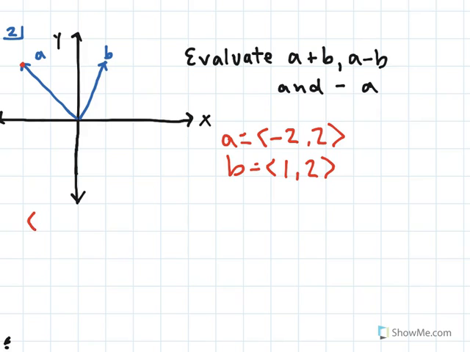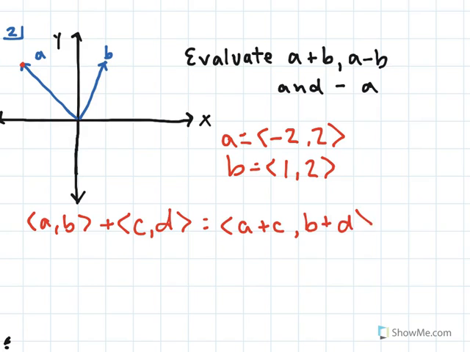So if we're looking at the sum of vector <a, b> plus <c, d>, then that's just going to be equal to <a plus c, b plus d>. So in order to find A plus B, we would just have -2 plus 1 and 2 plus 2.